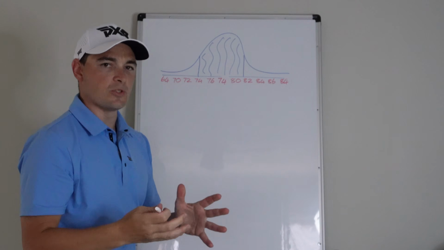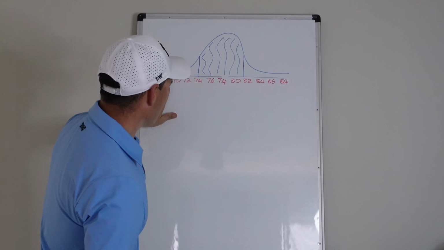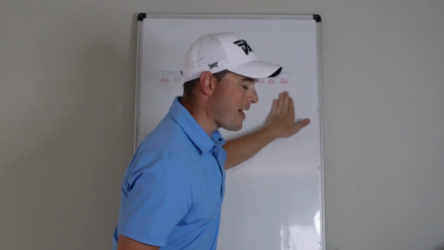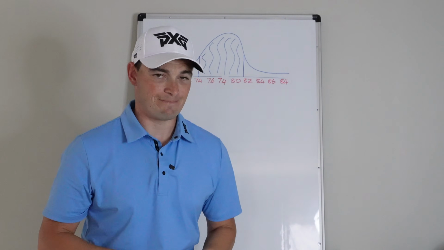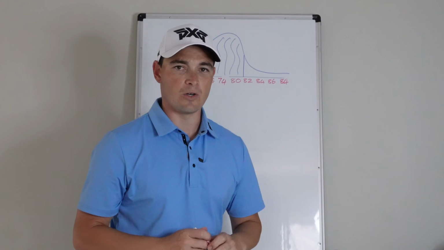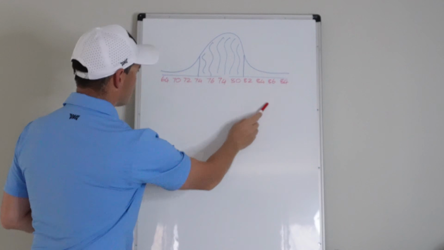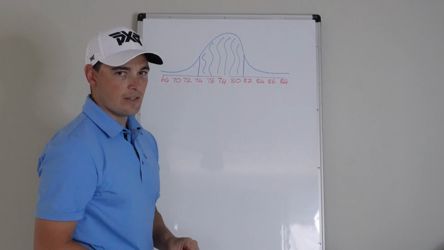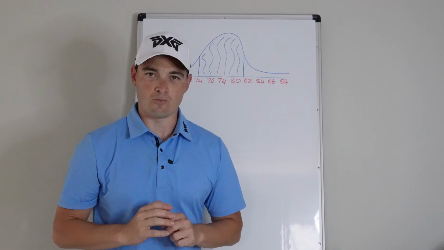So obviously we would just be better the better we played, and we would be less bad the worse we played. That's how we gain consistency, because even the best players in the world, sometimes they shoot 80, sometimes they shoot 60. There's absolutely no way around that.